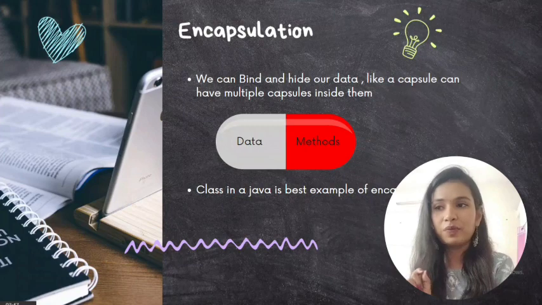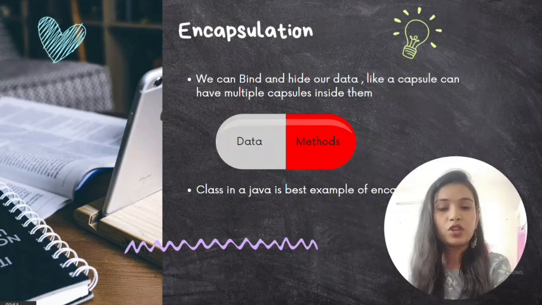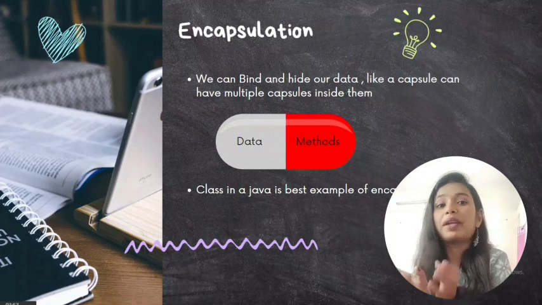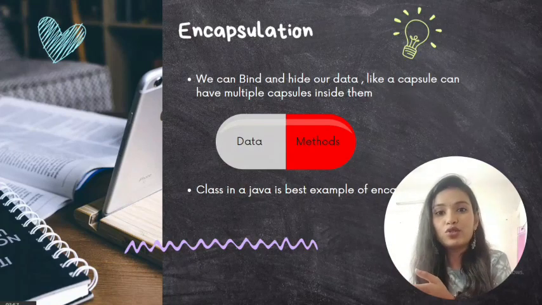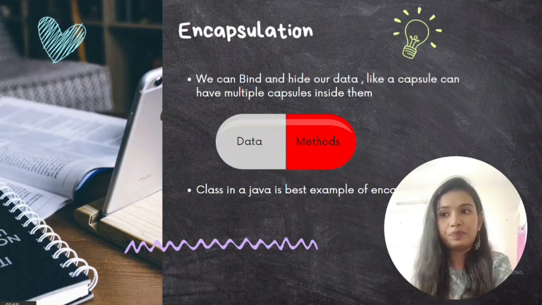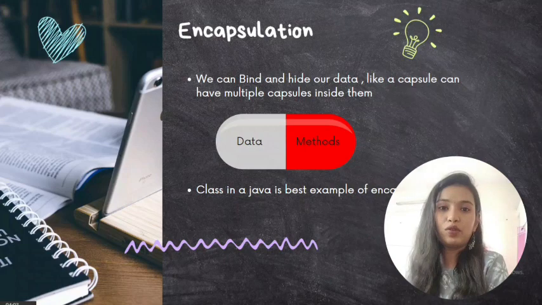That is what encapsulation is. You are binding your data together inside a capsule, and you can also hide your data using encapsulation. Class is the best example of encapsulation.